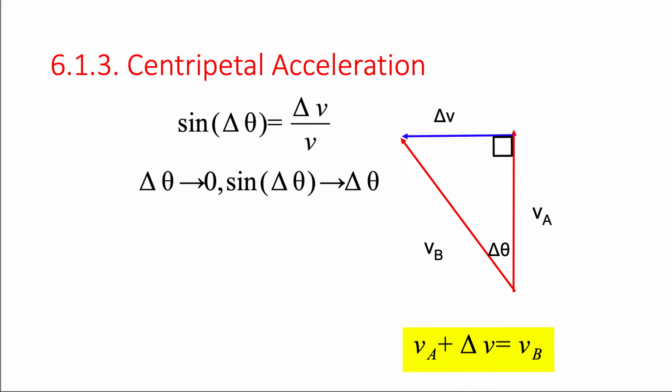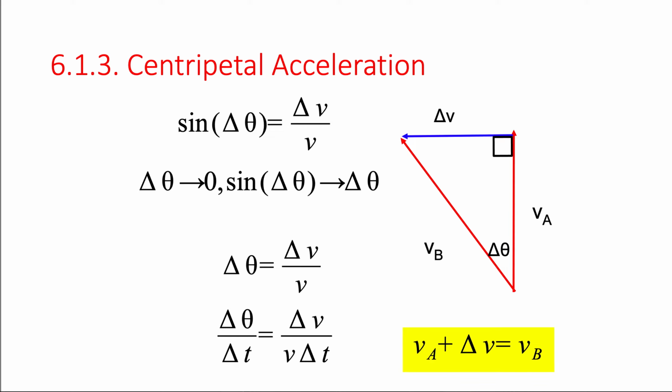So we can replace sine delta theta with delta theta in the expression above. We then divide both sides of the equation by delta t, so we have delta theta over delta t equal to delta v over v, with an additional delta t in the denominator. Why do we do this?